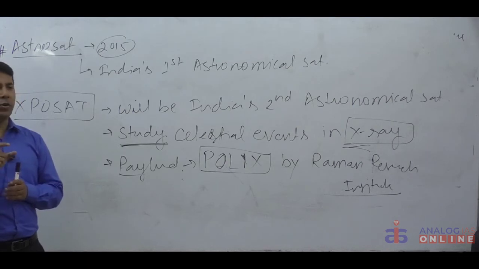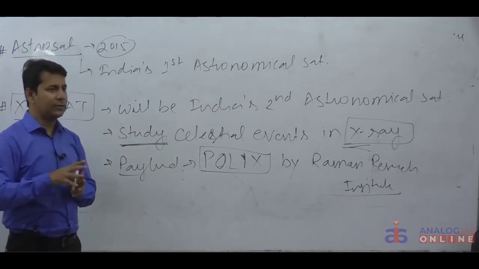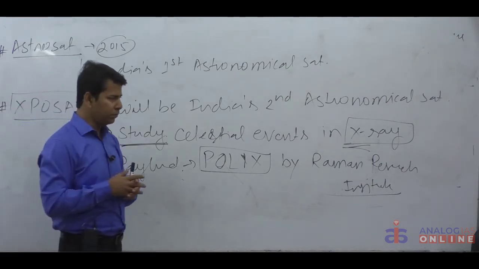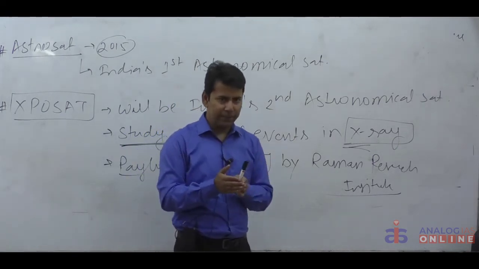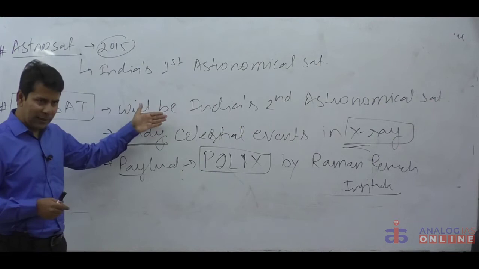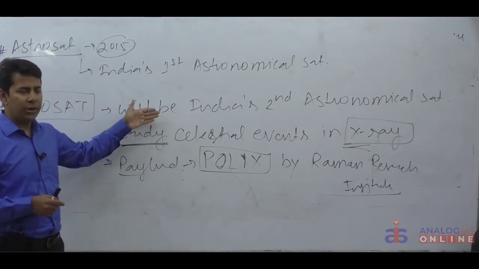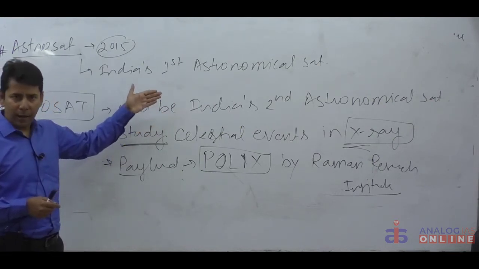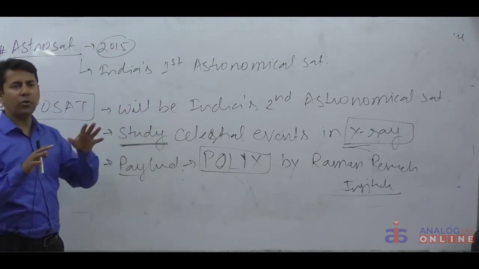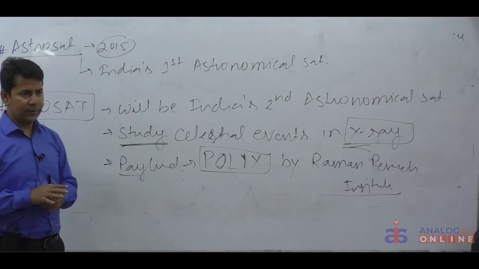That 30-meter telescope, as an international project, was to be placed in Henley itself. But then it never happened. Why not? Because India's participation in it was less. So in that way, we need to understand why such a telescope needs to be in space. Why can't we keep it on the Earth?